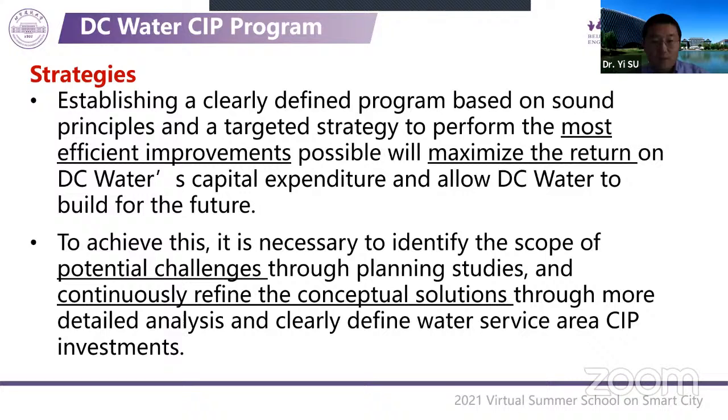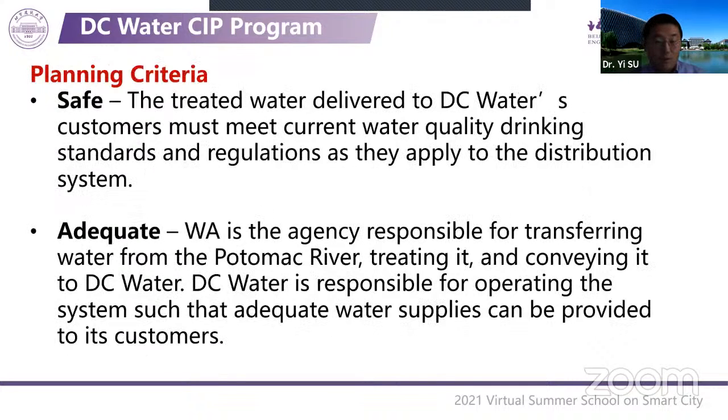To achieve this, it is necessary to identify the scope of potential challenges through planning studies and continuously refine the conceptual solutions through more detailed analysis. So like the knapsack problem I mentioned in a previous slide, there are also detailed criteria for this water infrastructure development.